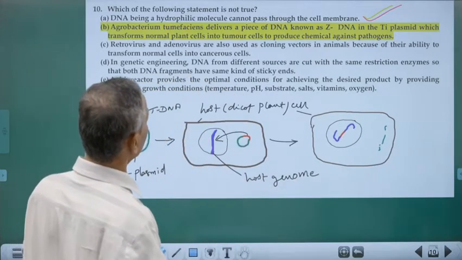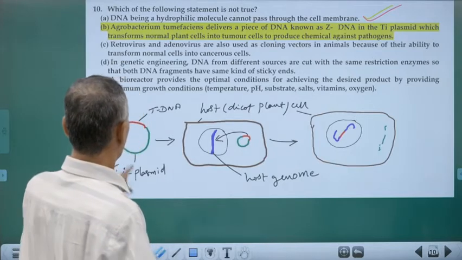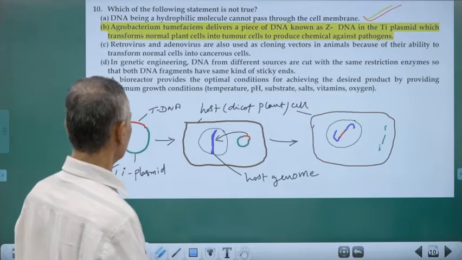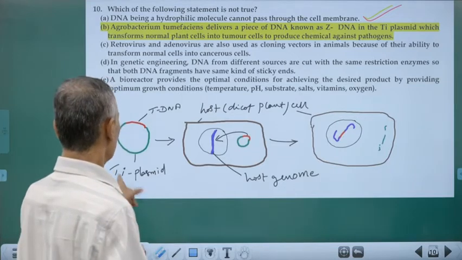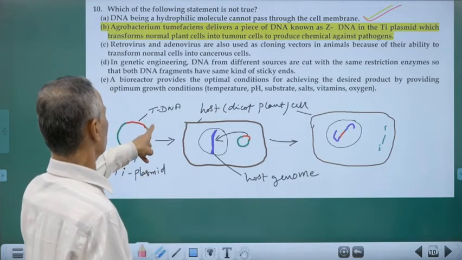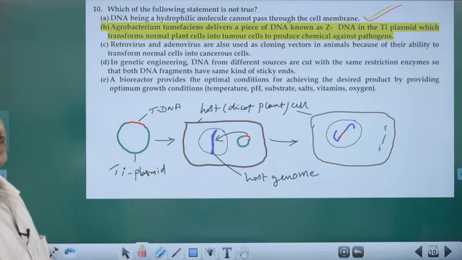Agrobacterium tumefaciens deliver a piece of DNA known as zDNA. No, this is the Agrobacterium tumefaciens. This is having Ti plasmid, tumor-inducing plasmid. That tumor-inducing plasmid is having a small segment called tDNA, which is responsible for making the plant cells cancerous. Okay.